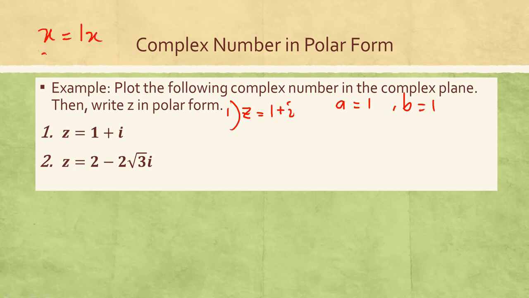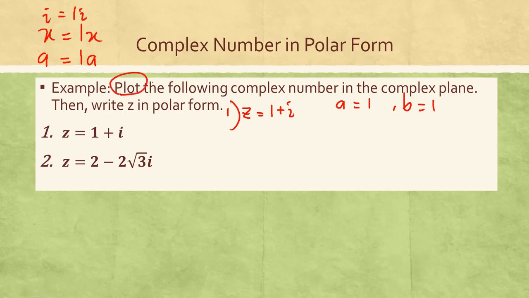When you have a, how many a? 1a. Usually we don't write the 1 in front. So when you have i, 1i. So B is 1. Don't say 0. If 0, then i no longer exists here. So how do we write it in polar form?